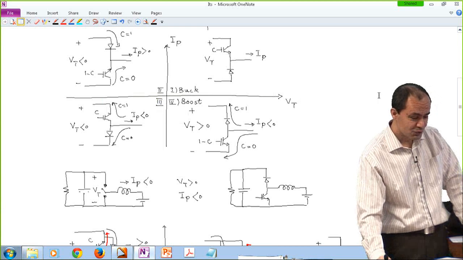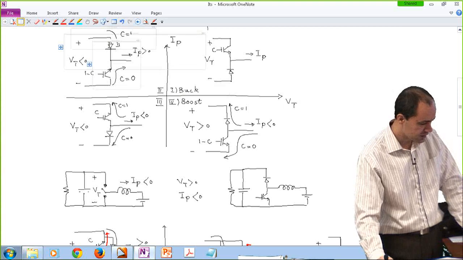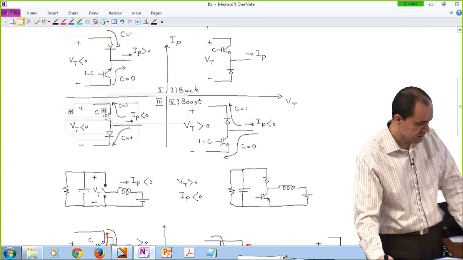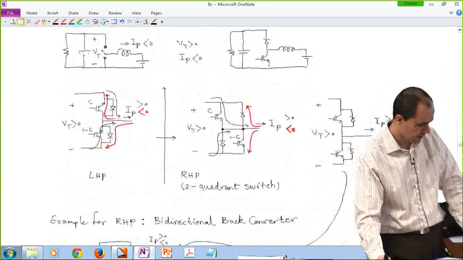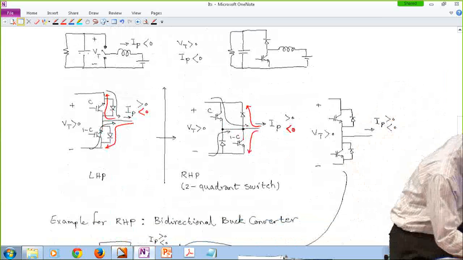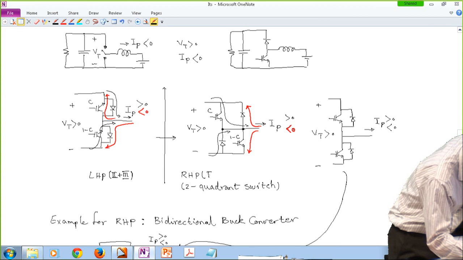So you got the answer? Yeah. Okay, good. So technically we are putting this diode in parallel with this transistor down here, and this transistor in parallel with this diode over here. So this is second plus third. And this is first plus fourth.